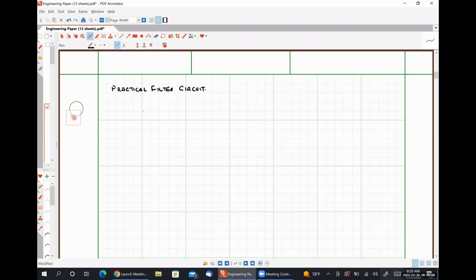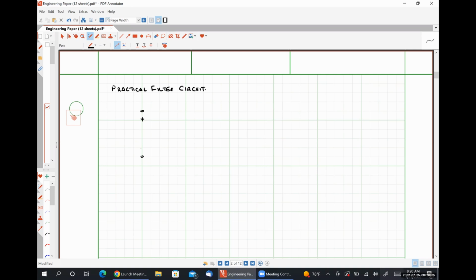So I draw my circuits, and you'll see them like this, especially for passive circuits, where my input signal is on the left-hand side and my output signal is on the right-hand side.